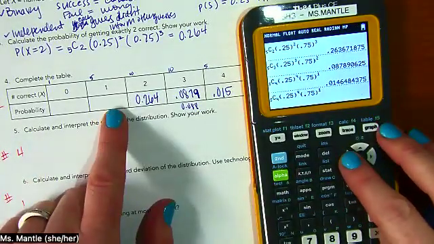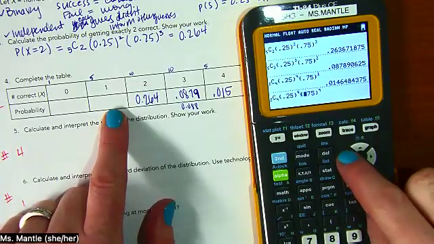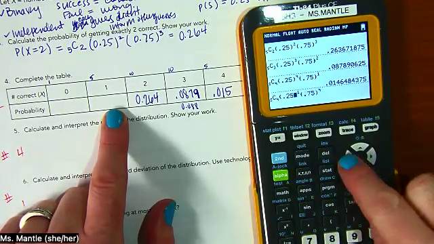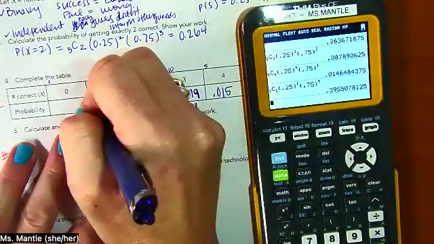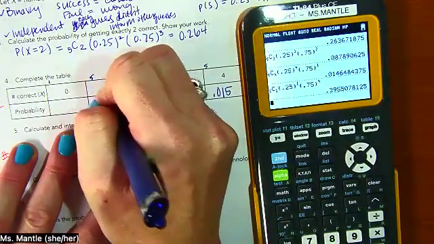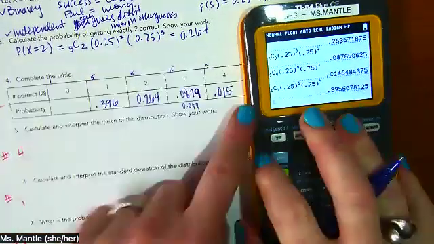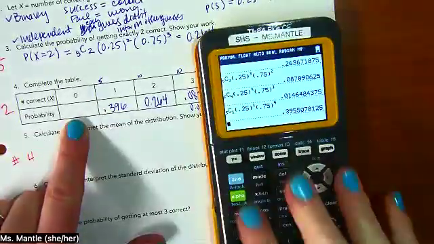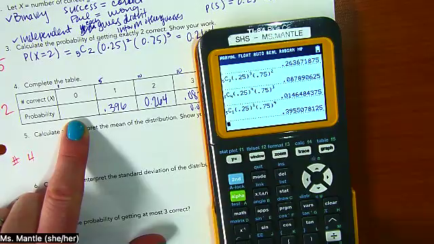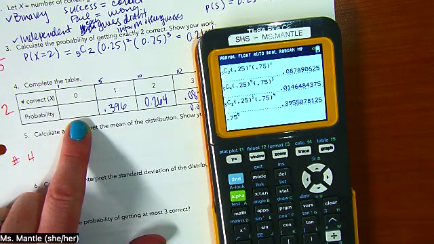So this is going to be 4 here, and 1 here, and 1 here. So that's going to be 0.396. And then the other ones on the end: X equals 0 means no successes.